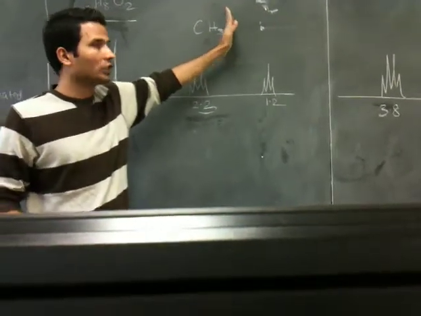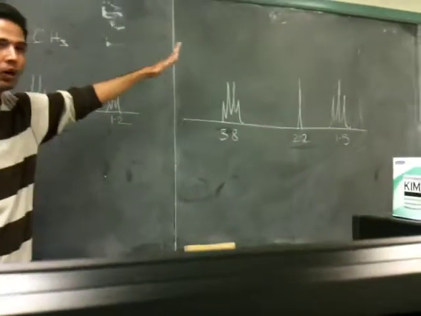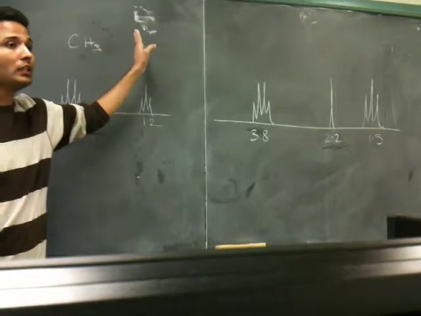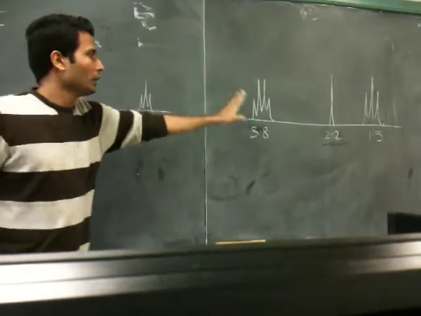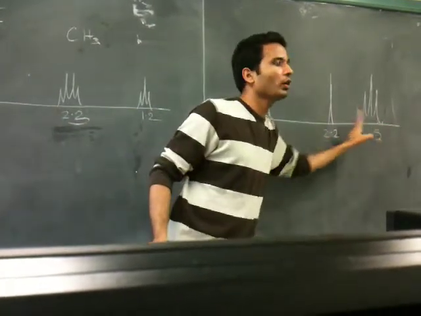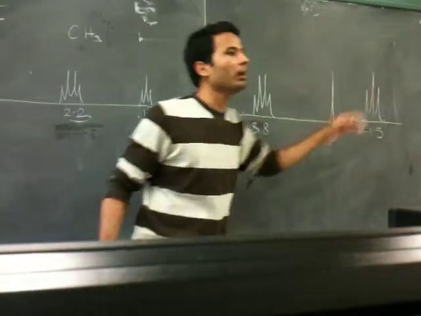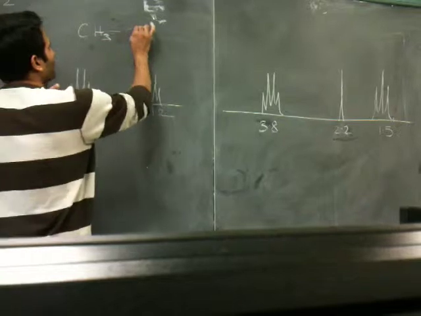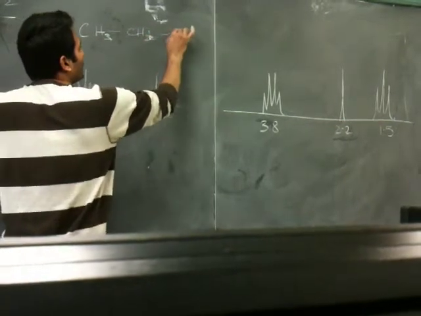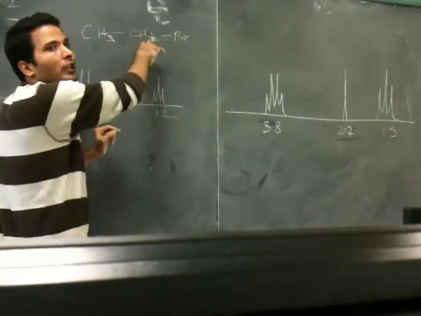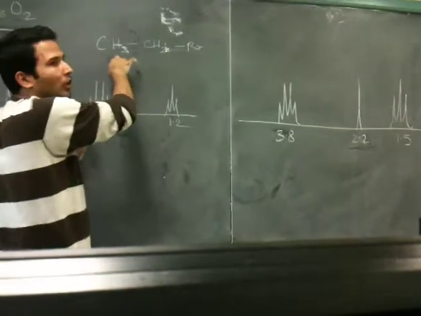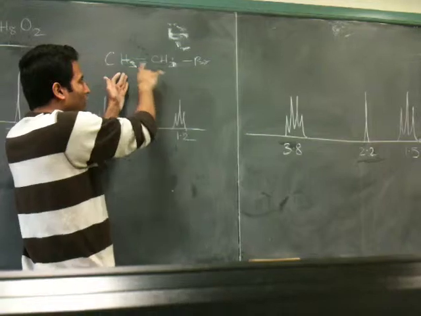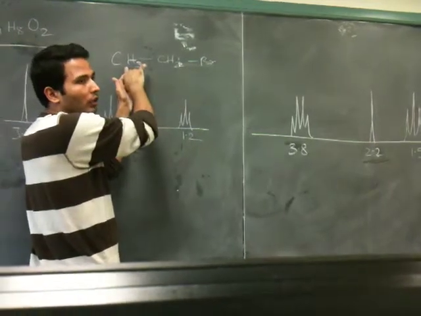Depending on how far it is or how close it is to an electronegative atom or electron withdrawing group, the peak position will shift from 1 to 1.5, or it will stay at 1. Say if it is CH3, CH2, Br, the peak for this one will appear at 2.5 or something, and this one will come around 1.3. It will not come at 1 because it is just one atom away.